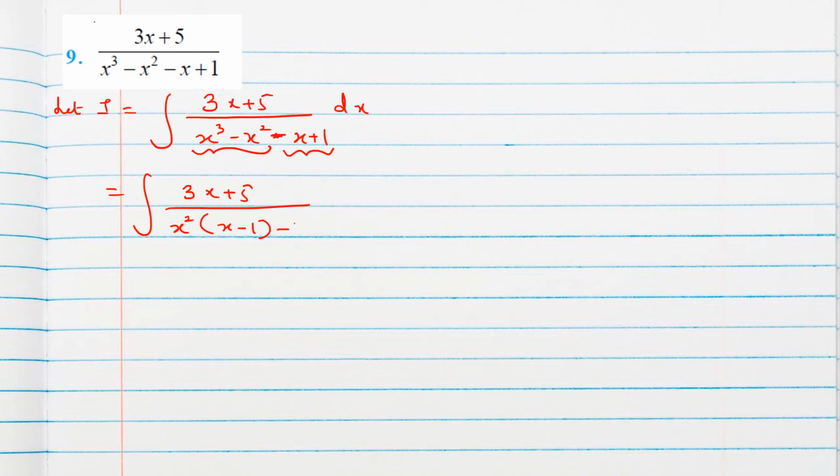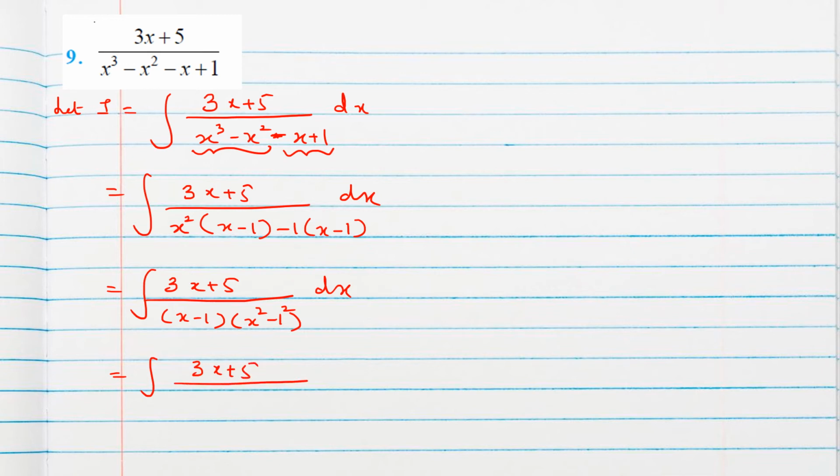Here we can take minus common, so x minus 1. So the x minus 1 bracket is common, and x square minus 1. For the second bracket we can also use the identity to open it, so that is x minus 1, x plus 1.